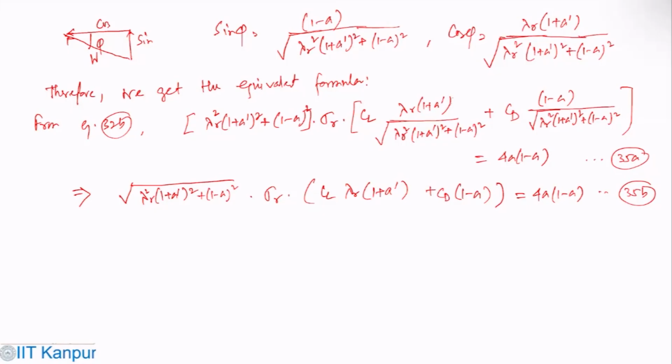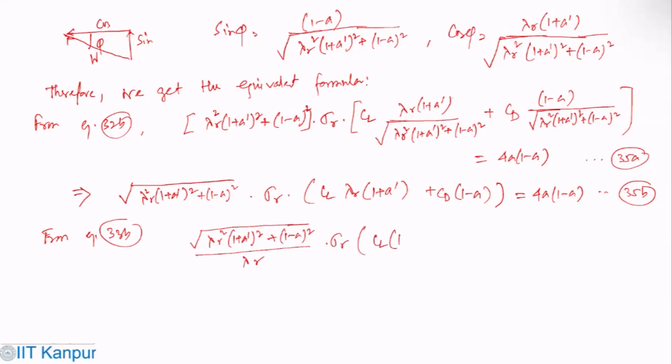Now, similarly, from equation 33b, we get lambda r square 1 plus a prime square plus 1 minus a square by lambda r, sigma r, CL 1 minus a minus CD lambda r 1 plus a prime, equals 4a prime 1 minus a. So this is essentially from that.